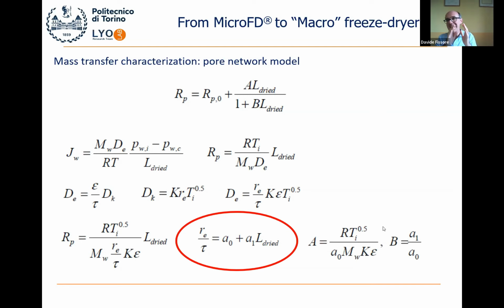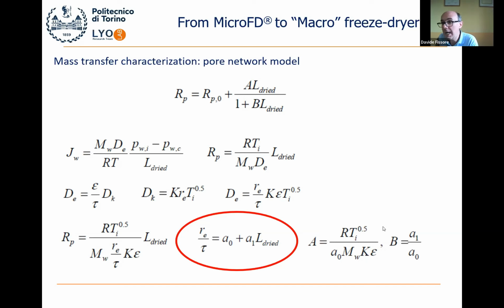So I start from the traditional curve RP versus L dried, with estimation of A and B. RP0 is just a fitting parameter, it can be deleted, it's not actually necessary. And from A and B, I get A0 and A1, which may be considered the same in different equipment.